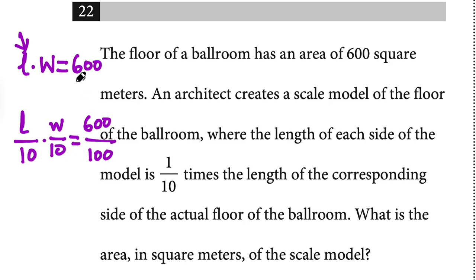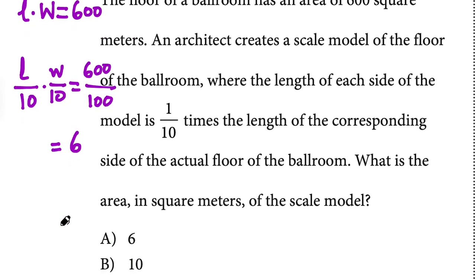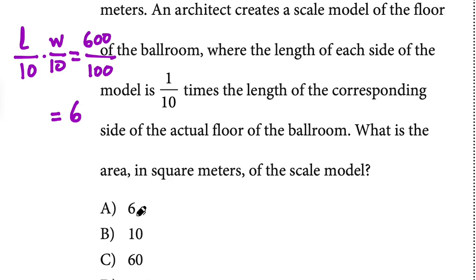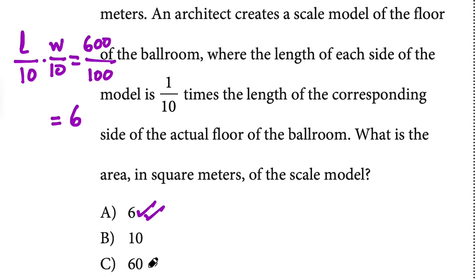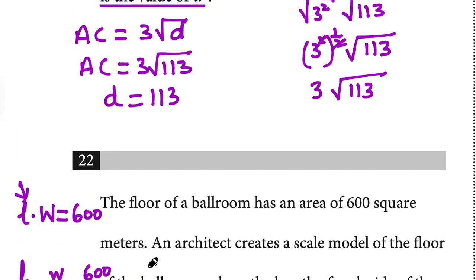So if it is 600 square meters in the actual plan, then in the architect's scale model, it will be 6 square meters. Let's see what the options are. So A is the right option. Okay, great.